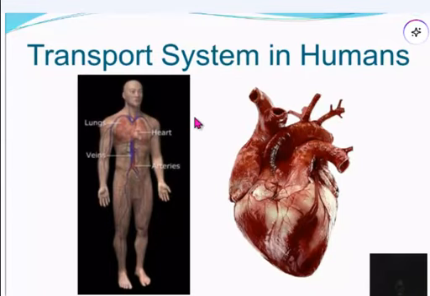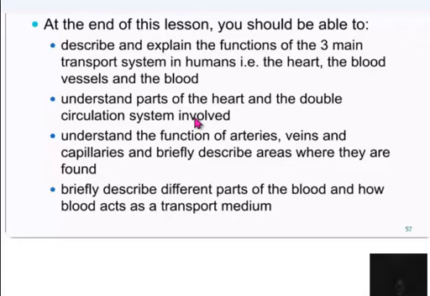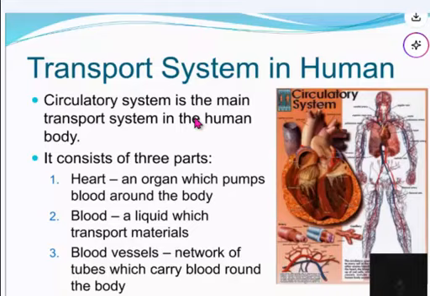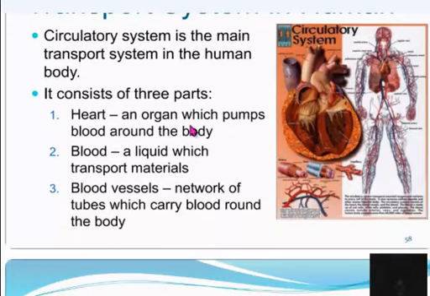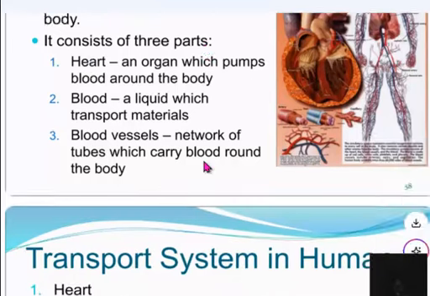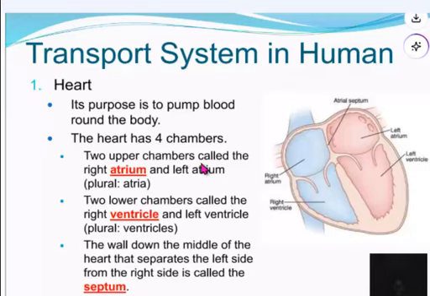So that is what we have discussed so far. These are the learning objectives, and we were able to look at them one after the other. We discussed the circulatory system, the parts of the heart, and the three parts of the circulatory system: heart, blood, and blood vessels. That's it. We discussed the transport system in humans.